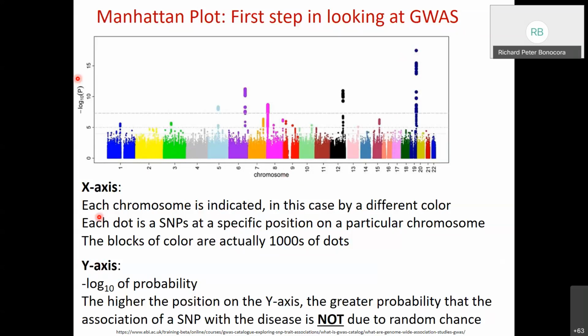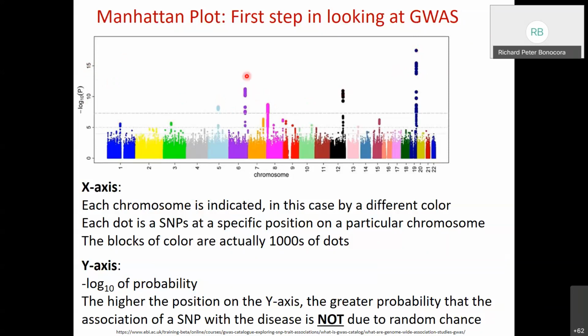And so the higher you go up here, because it's a negative log, the greater the chance that this particular SNP is associated with a disease, and it's not due to random chance. So the higher it is, the more significant. So we're looking at a probability here.